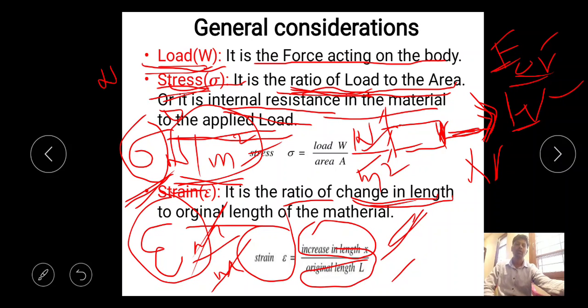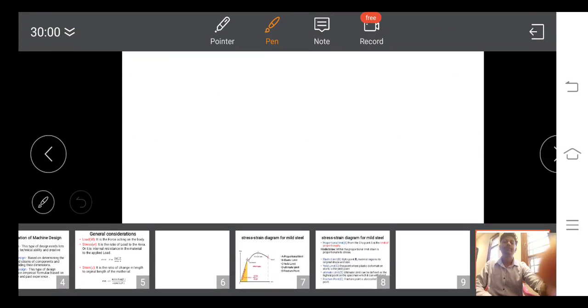Load is given in Newton and stress is given in Newton per meter square. Then we studied strain. Strain is the change in length, or increase in length, to the original length. Then we studied different types of loads.